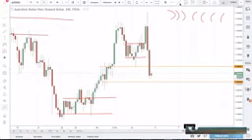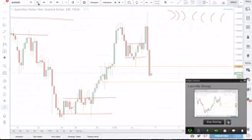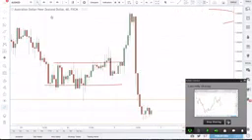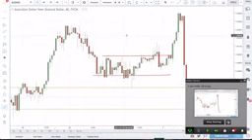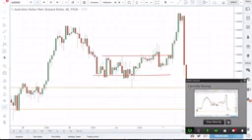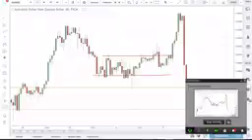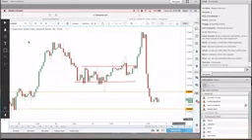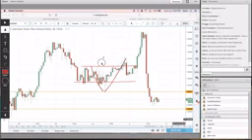Let's take a look at this again on the 1 hour. We're going to go into a little bit of precision. Here we are. Now, yeah, V formation, right? So whatever the sellers were doing, notice how the sellers are moving down. Notice how the buyers are moving up. Would you say the sellers are struggling?